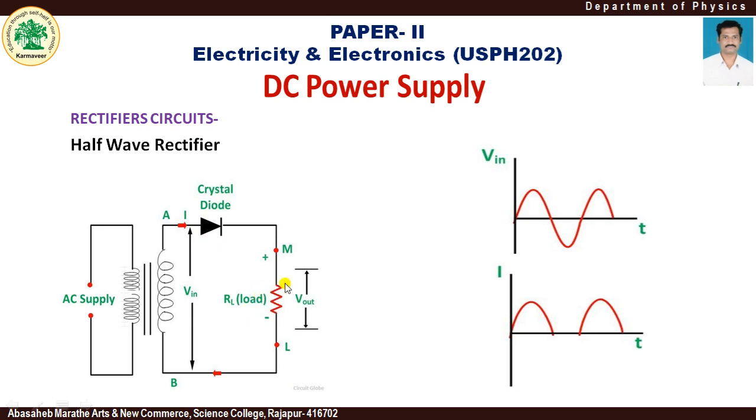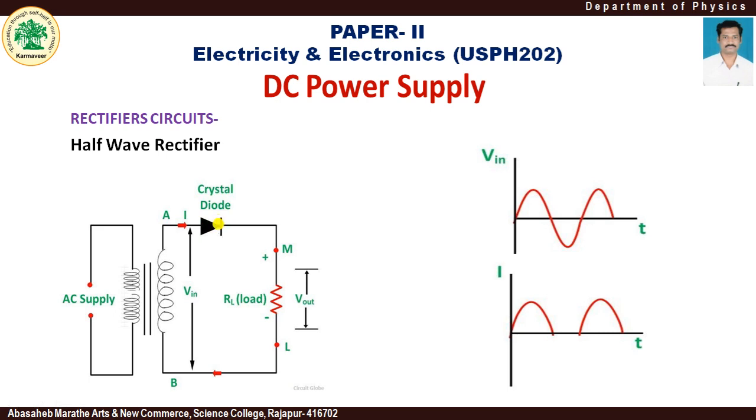Now, during the positive half cycle of the input AC voltage, the point A becomes positive with respect to the point B. This makes the diode forward biased. That is, at point A when it becomes positive, the anode will be provided by the positive supply, and therefore this diode becomes forward biased.